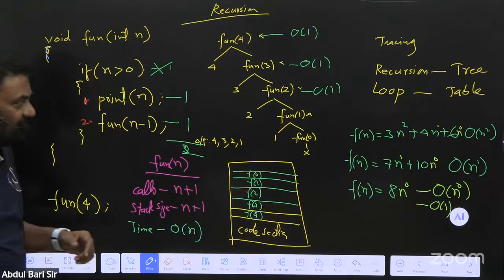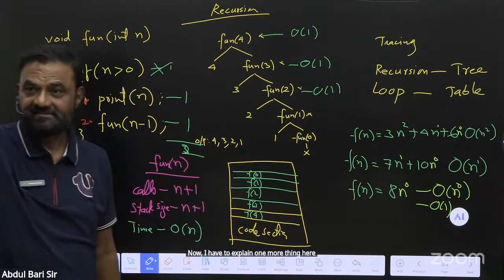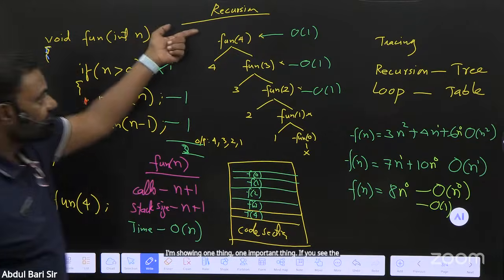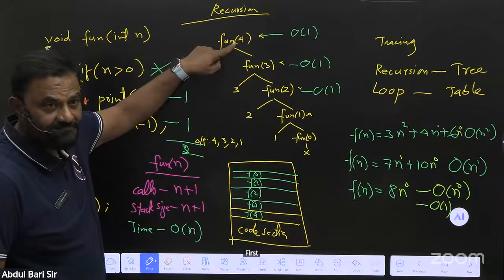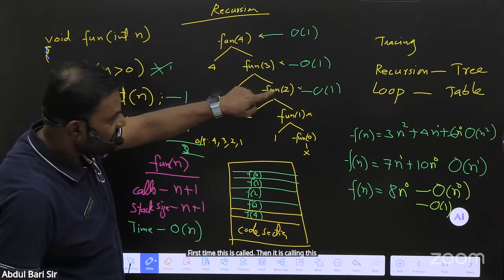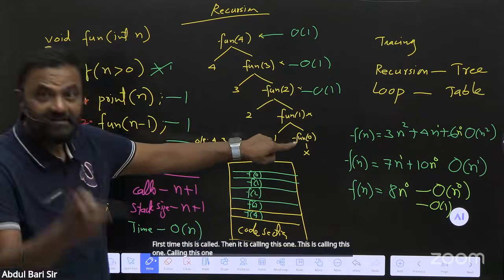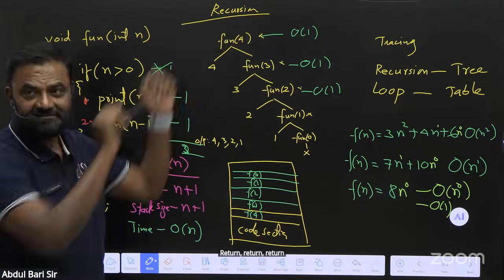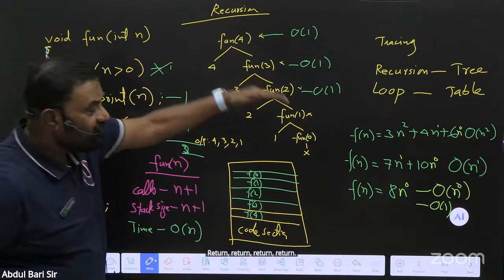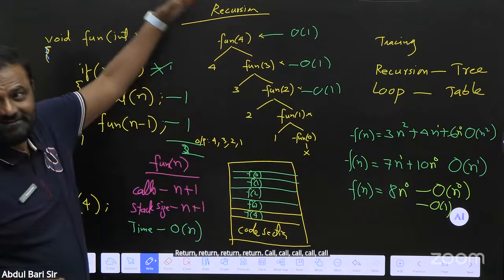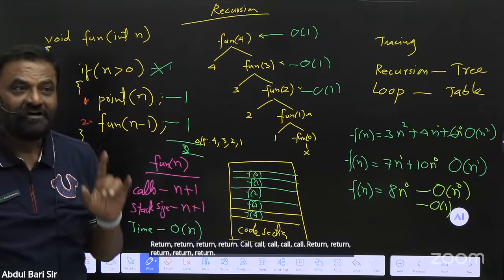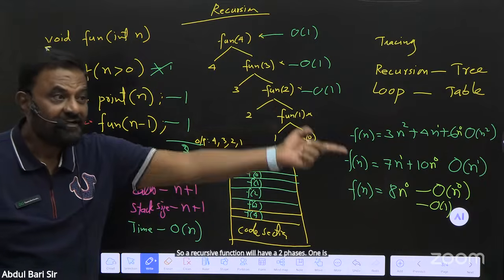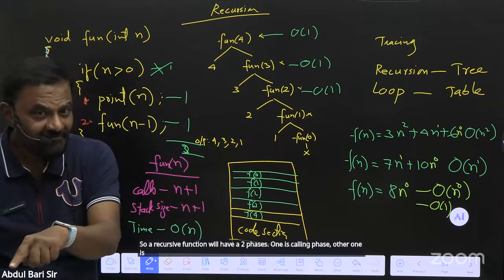Now I have to explain one more important thing here. If you see the recursive function, the first call calls this one, which calls this one, calling this one, calling this one. Finished. Then return, return, return, return. Call, call, call, call, call. Return, return, return, return, return. So a recursive function will have two phases: one is the calling phase, the other is the returning phase.